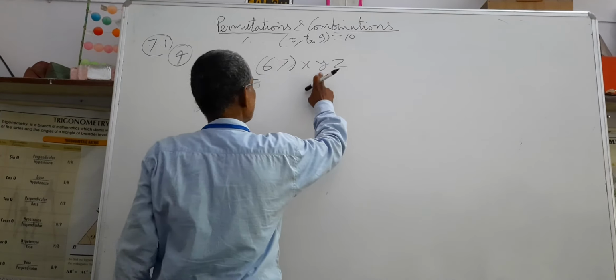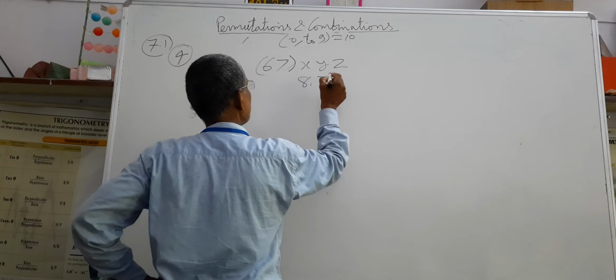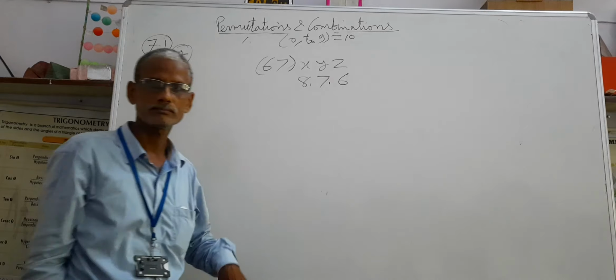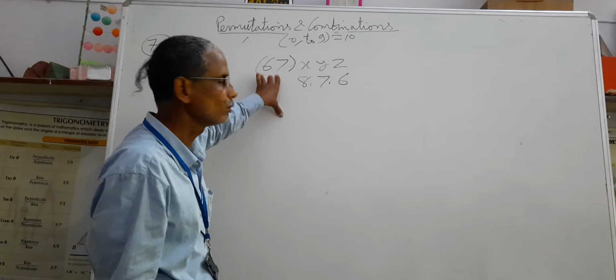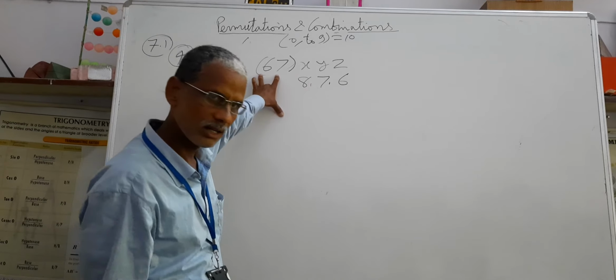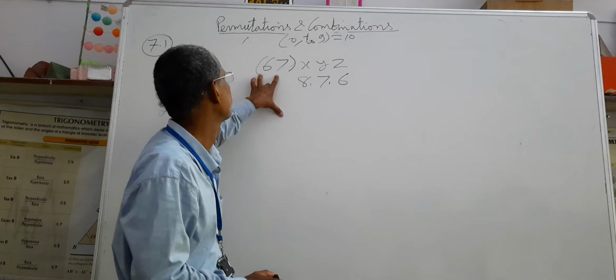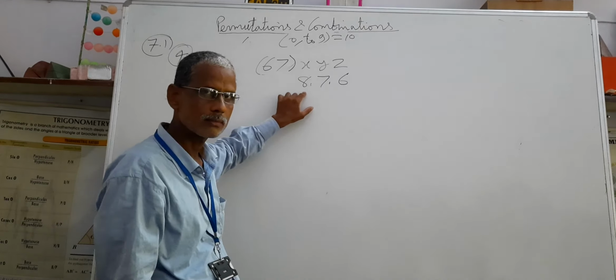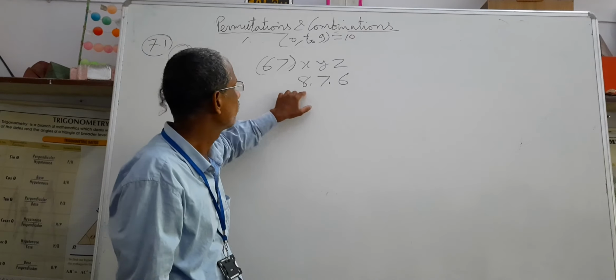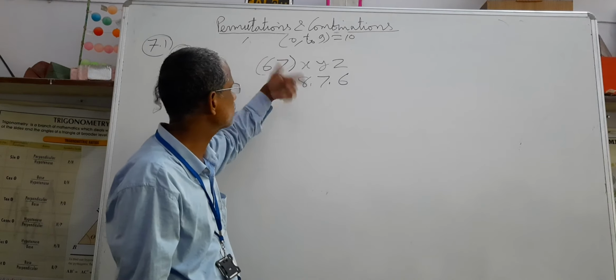Now the 3 places can be filled by 8, 7, 6 ways. Among 10 digits, 2 digits are already used, therefore a total of 8 options are available, so this place can be filled in 8 ways. But when we put any digit here, the options reduce by 1.